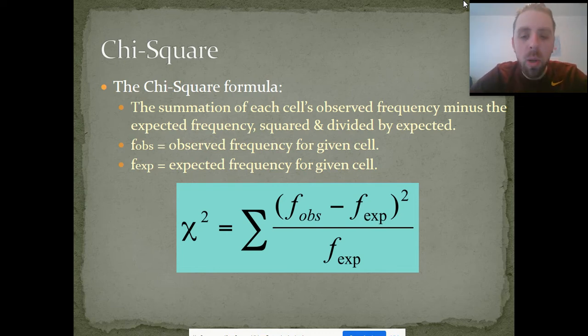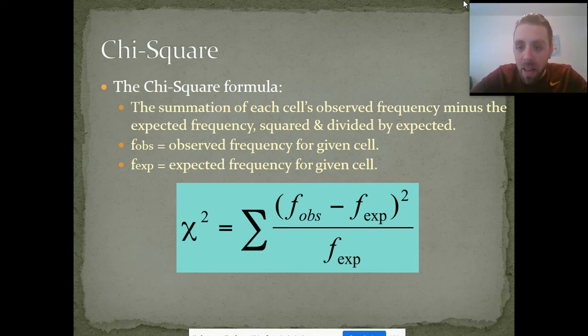Anyway, so we'll have to calculate the expected frequency. Now, following the order of operations, we will subtract that expected frequency from the observed frequency. We will then square it to get rid of our pesky negative, so this can be summed.